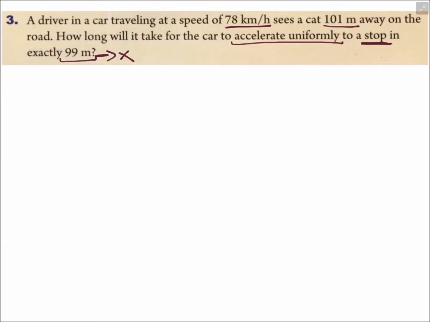So if it says stop finally, that means the final velocity is going to be 0, and the x must be 99 meters, and the initial velocity is 78 kilometers per hour.